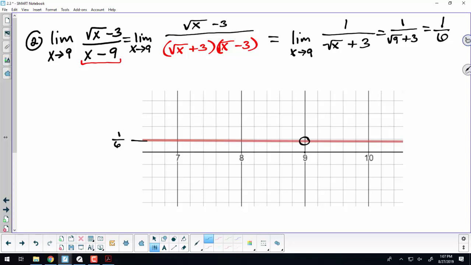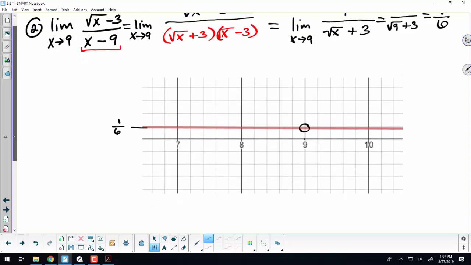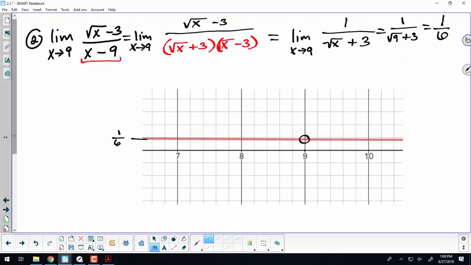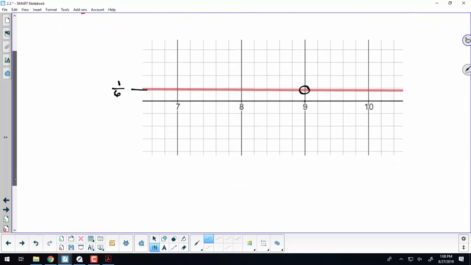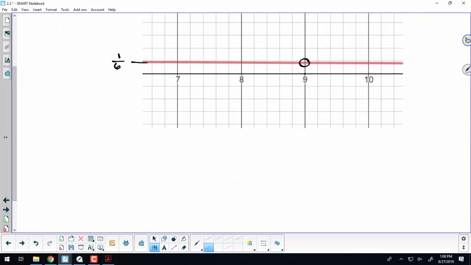All right. So are there any questions about those two examples? All right. And so I guess the pattern that we're looking at with these two is that if we have x minus a, we can factor that as the square root of x minus a... sorry, that's not right.